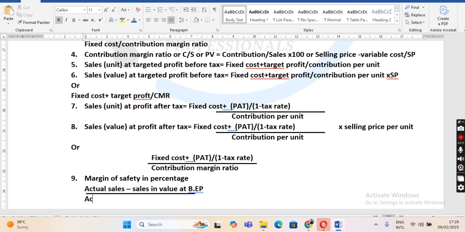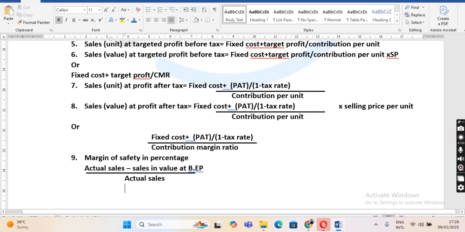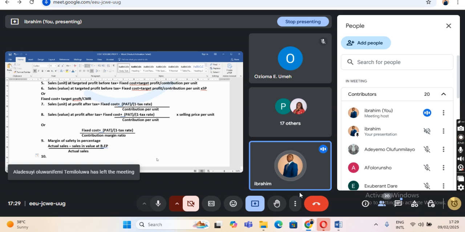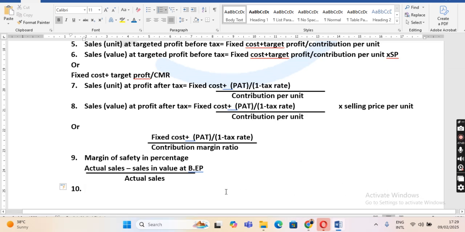Now, when you have your margin of safety in percentage, what does this indicate? When we come back and create another link, we'll talk more about it. Another thing is, this is in percentage, times 100. Margin of safety in units, class. You can see that all these things are interrelated.